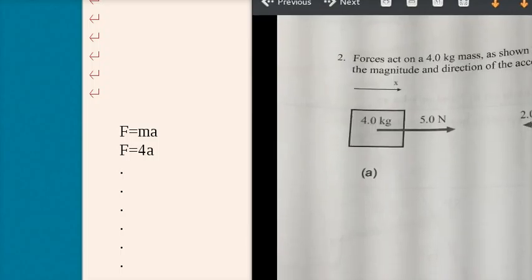And we have F in the first case is 5 newtons, so 5 equals 4a, and so a equals 5 divided by 4, which is 1.25. That's not too hard. And the direction is to the right, of course.